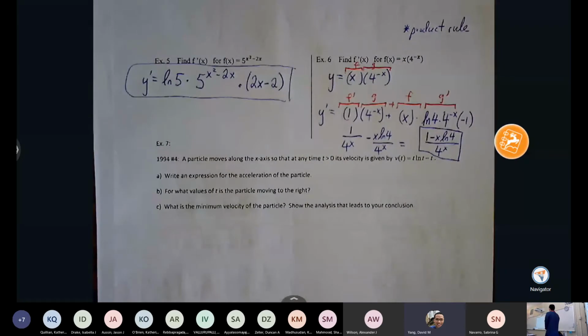F prime, x becomes 1, g function stays, f stays. When we get to g prime, natural log of a times the original problem times the exponent's derivative. And then I see an opportunity here. Both of them have 4 to the negative x. If I push that down to the denominator, I get a quick match with common denominators, and I just decided to put it as one fraction.